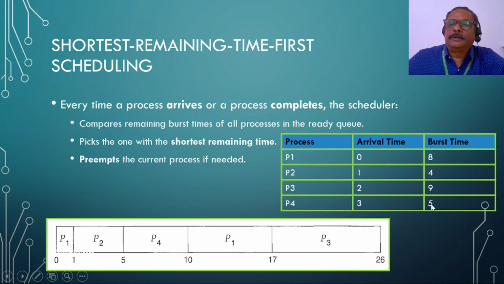Till then it is smaller than 9 and 7, therefore P4 continues. Once P4 is done, we are left with P1 and P3. P1 requires 7, P3 requires 9, so P1 wins. 7 becomes 6, 5, 4, 3, 2, 1, 0. Till then P3 requires 9 and P1 requires less than 9, so P1 continues, and finally, with none available except P3, P3 gets its chance.